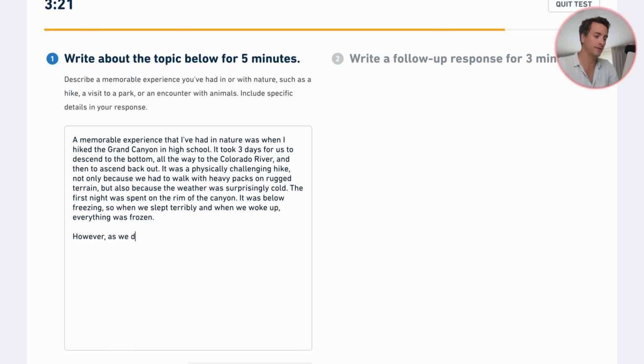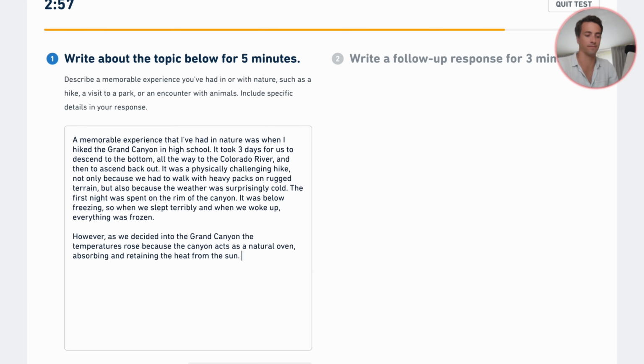However, as we descended into the Grand Canyon, the temperatures rose because the canyon acts as a natural oven, absorbing and retaining the heat from the sun.